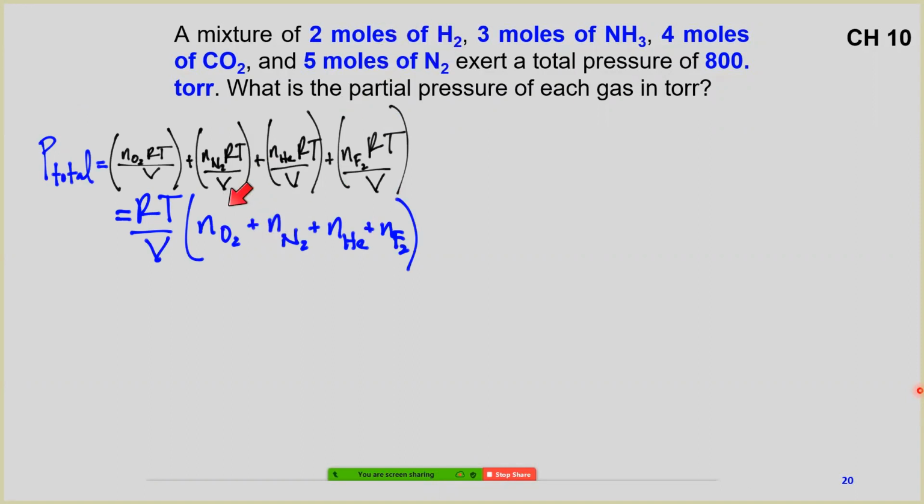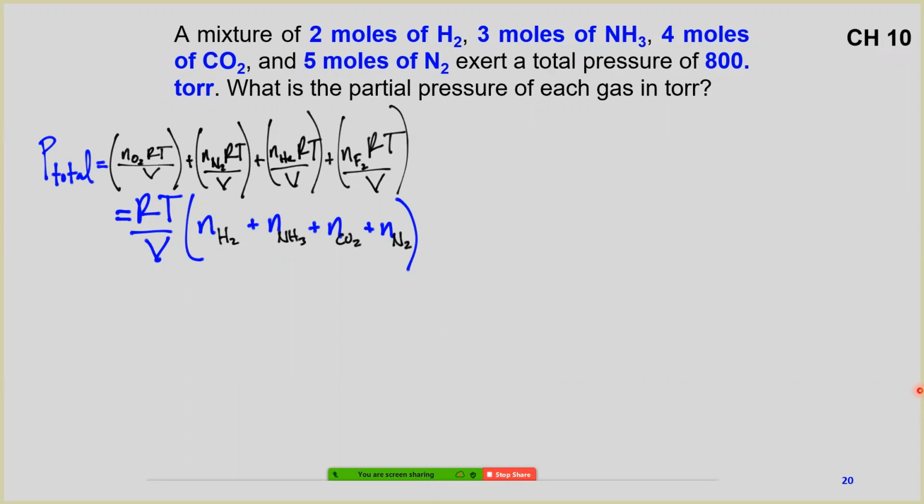Except we have different gases here actually. So we have hydrogen gas, ammonia, so I'm going to have to change these. So what do we have here? We have hydrogen gas, we have ammonia NH3, we have carbon dioxide, and nitrogen gas.